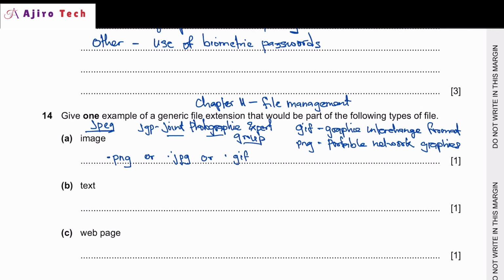All right. So for text, we have CSV or RTF or TXT. So let's look at the CSV. The CSV means what? Comma separated value.